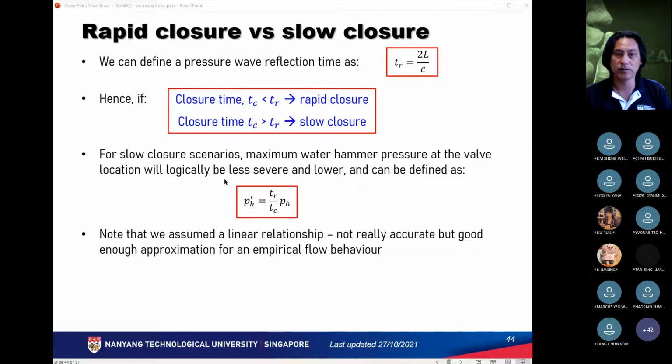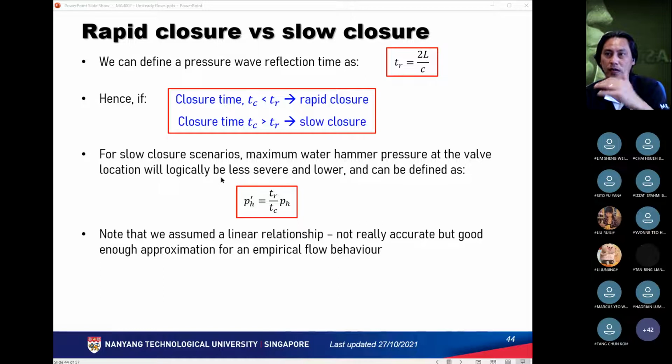Now, like I said earlier, logically speaking, try to imagine: if the pressure wave travels back to the valve and discovers that the valve is only half open, that means the pressure wave can continue to seep through, propagate through whatever opening the valve still has.